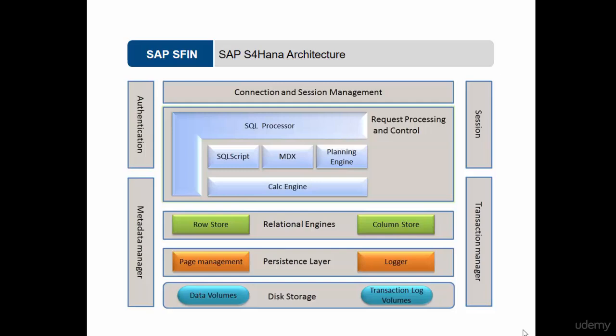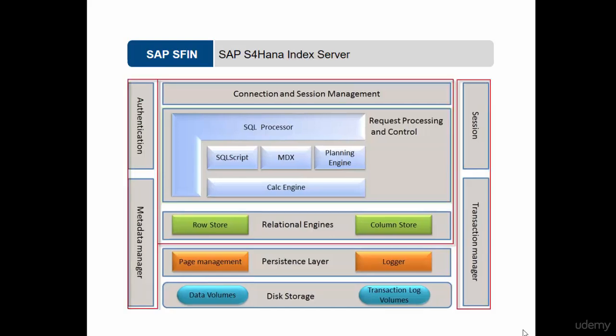This is the complete architecture of SAP Simple Finance on HANA platform, although the information you are about to hear is technical and you won't be tested on this information in the certification. But let's take a look at some of the important Simple Finance architectural components. The SAP HANA database is developed in C++ and runs on SUSE Linux Enterprise Server.